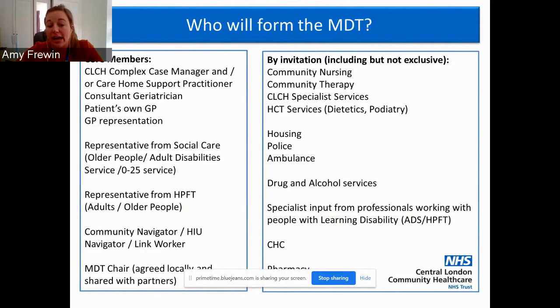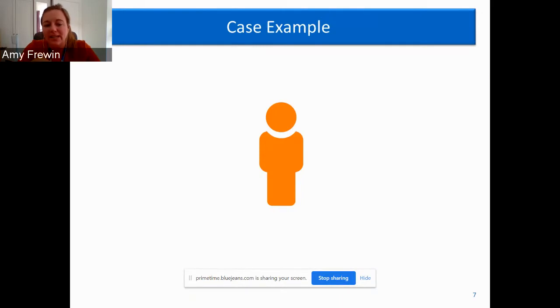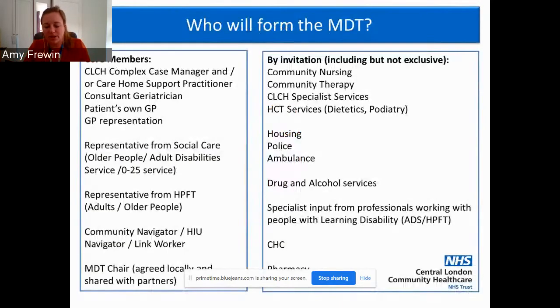And there'll be a chair, an MDT chair per locality and per discussion. In addition to the core members, depending on the need of the person being discussed, we'll also have the list on the right-hand side there. It's not an exhaustive list by any means, but it's just to give you an idea of some of the groups and other professionals that we've had attending MDT discussions to date.